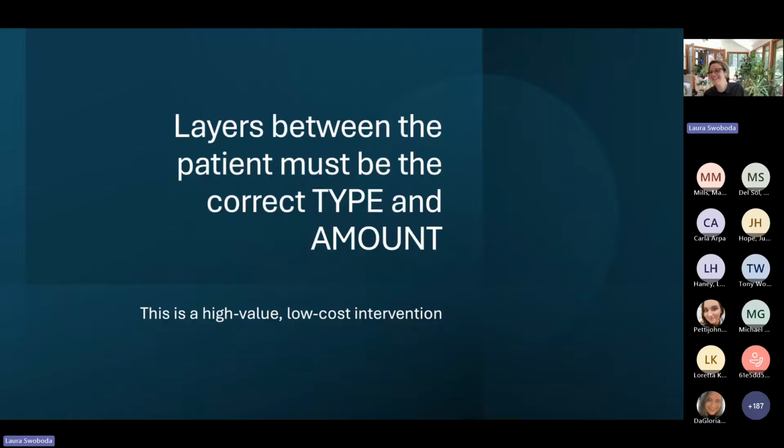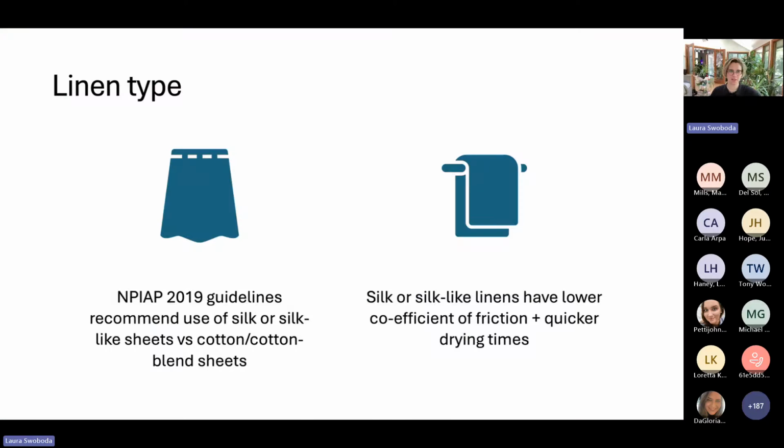There's a lot of new things you can do for pressure injury prevention, but they can be pretty high cost. So this is something where you're optimizing what you already have, that therapeutic support surface that's so effective, but you're not using it properly. So you're optimizing it.